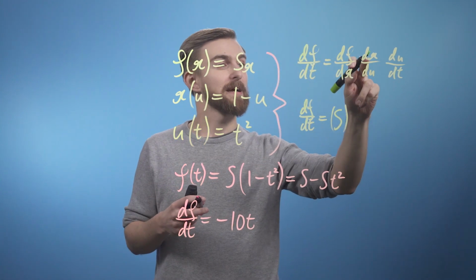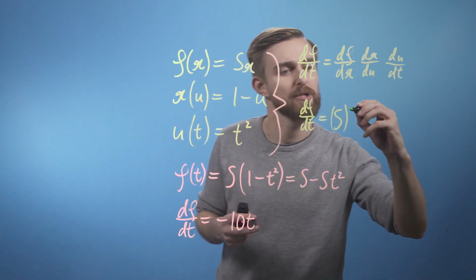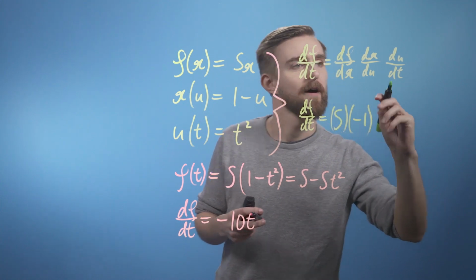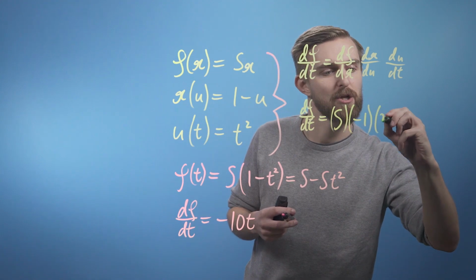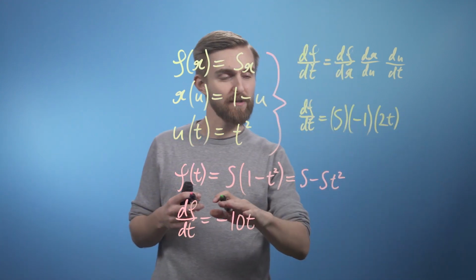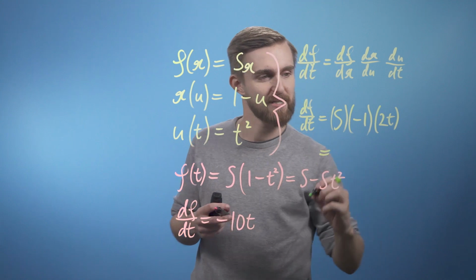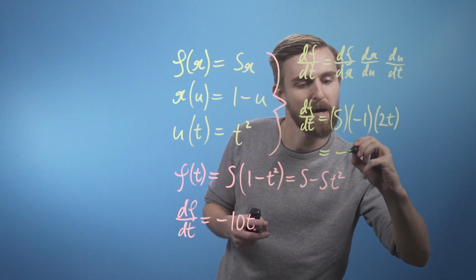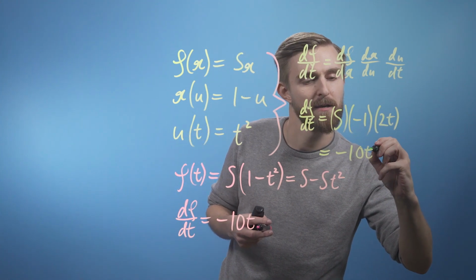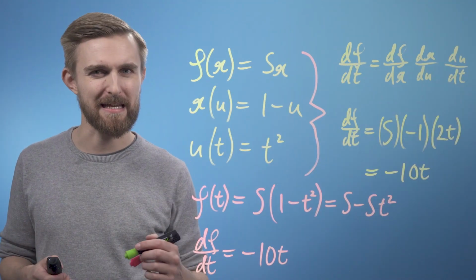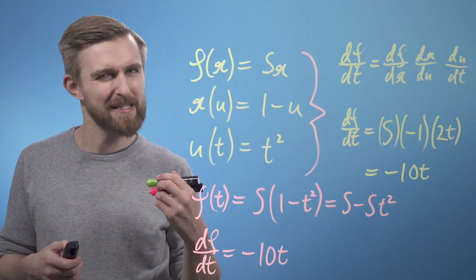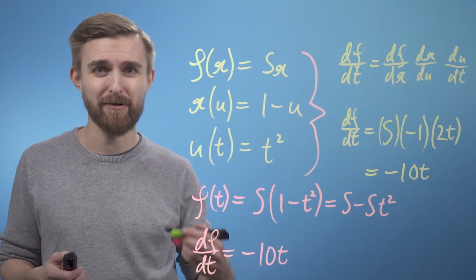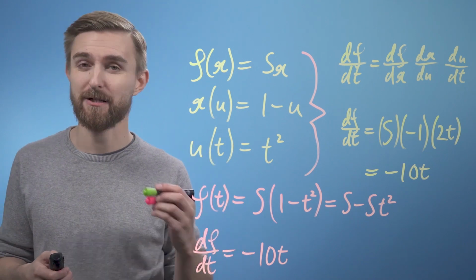We're going to multiply that by dx by du, which is just minus 1. And finally, du by dt is just going to be 2t. So once again, we recover the same answer, which is minus 10t. So we can see that this approach works for chains of univariate functions, and we could extend it out to as many intermediary functions between f and t as we'd like.